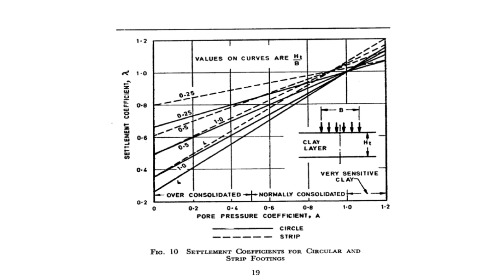So the correction factor in our case will be around 0.8 for a pore pressure coefficient of 0.6 and HT by B equal to 1.65. Then if there are no pore pressure data available, there are some recommended values just above this figure in the IS code that can be used.